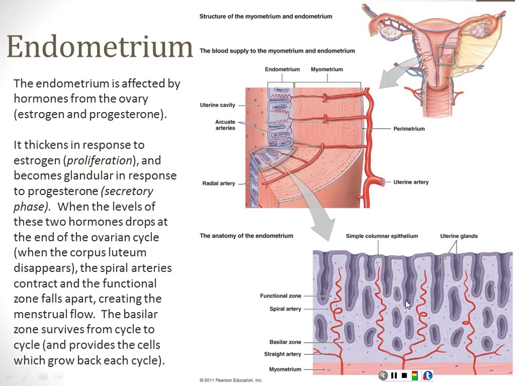As the endometrium gets thicker, these spiral arteries uncoil and can get as tall as is needed for the maximum size of the endometrium. Then when the tissue starts to fall apart, they shrink back down again. So new arteries don't have to be grown every month. Instead, the existing arteries just expand and contract and expand and contract as the cycle goes through. All right.